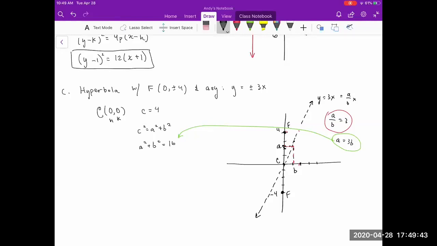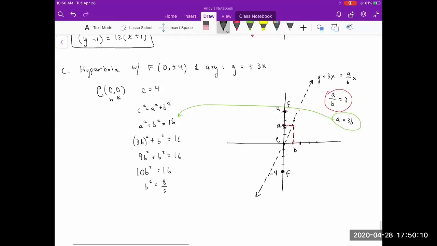We're honestly pretty close. So if we plug in a to be 3b, we get this. That means 9b squared plus b squared is equal to 16. So that's 10b squared is equal to 16. So b squared is 16 over 10, which reduces to 8 over 5.